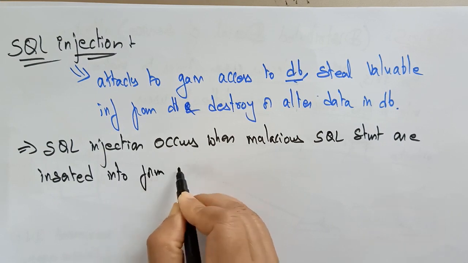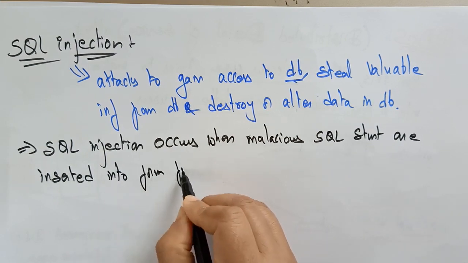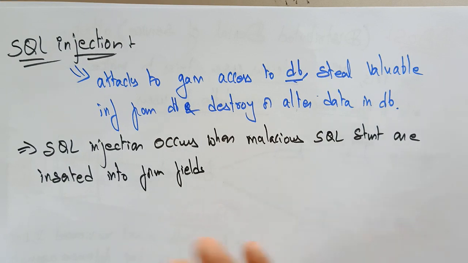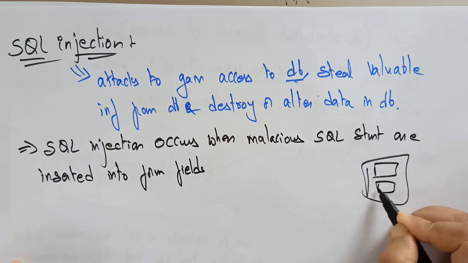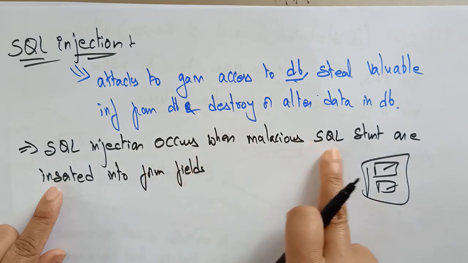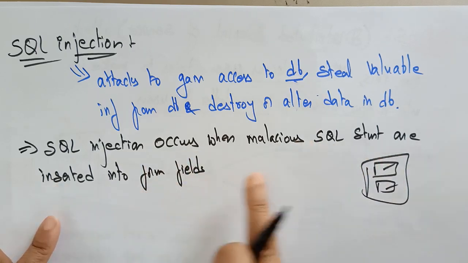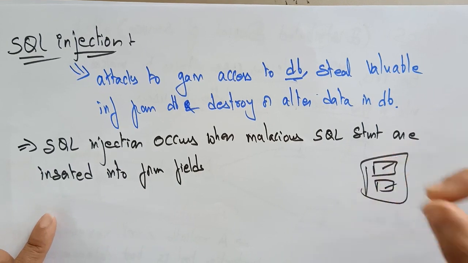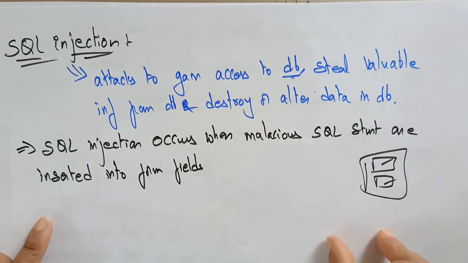On the client side, we usually enter data in a form. So while you are entering the data, malicious SQL statements are inserted into the form fields along with the user's data. These fields are not properly protected in code, and the attacker tries to gather information from the database.